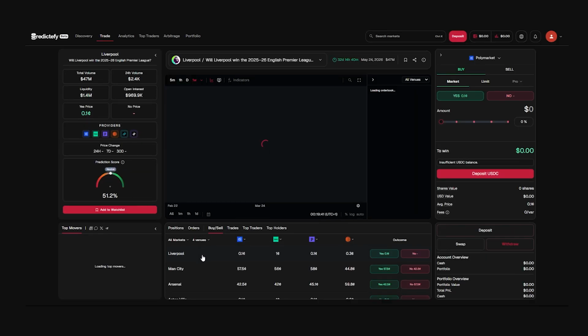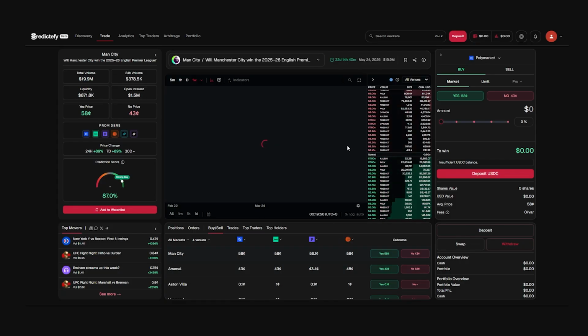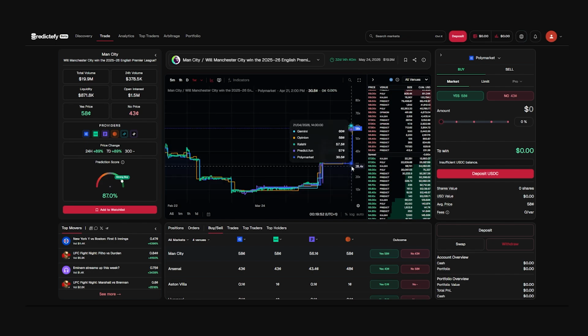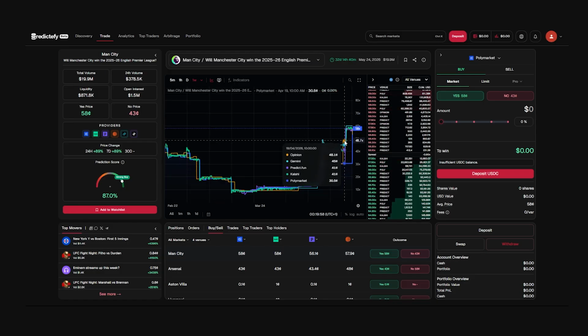Okay, the Premier League winner market. This was actually quite an interesting market over the weekend while the Premier League was being played. If we go over to Manchester City, when Manchester City ended up beating Arsenal, you can see the lag when it comes to the price change. While Opinion, Kalshi, and the rest of the prediction markets had already jumped up in price to about 40 cents, Polymarket was still stuck at 30 cents.